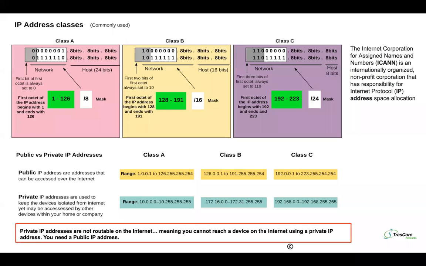Based on the size of your organization, you may get a class C address, which has only 254 or even fewer hosts, computers or IP addresses, that you can have in your network. Whereas if you have a class B network, you can have about 65,000 devices on that network.